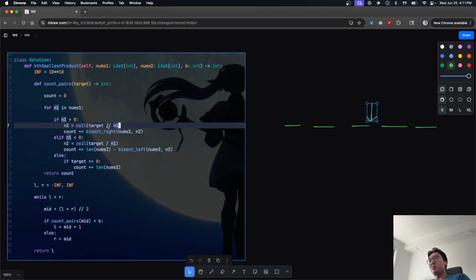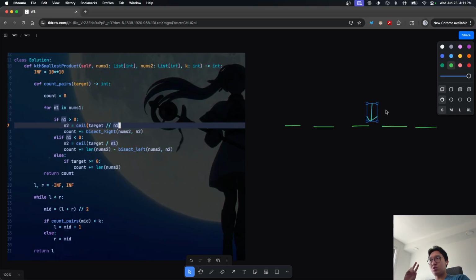Now I got it, why we do it this way. Now, why doesn't it work switching those? Because if I go here and I take the ceiling, and the number is greater than 0 and 1 is greater than 0, then if I take the ceiling, I will go here, but this is not part of the answer, and then I bisect right, so I'm including something that I don't want.